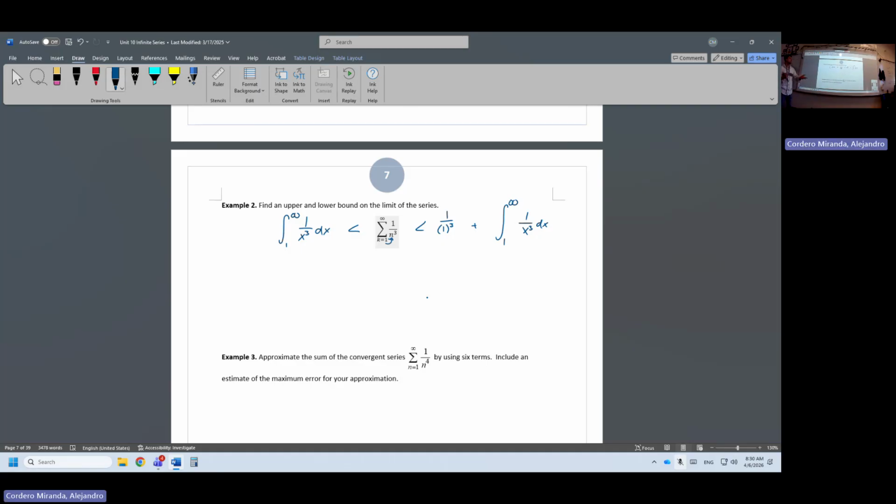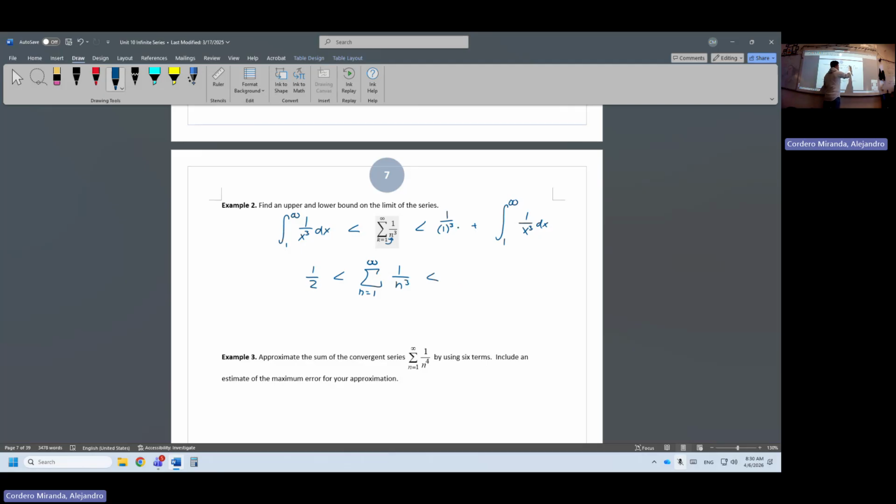The good news is we already did these integrals, so this is a very short problem. The integral that we got here was 1/2, was it? Okay, so then 1/2 is the lower bound. And then 1 plus 1/2. Let me do one thing at a time. Lower bound is 1/2.